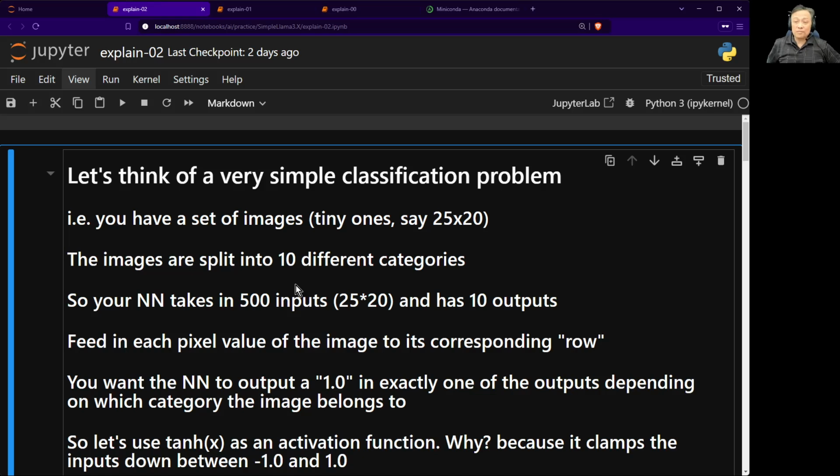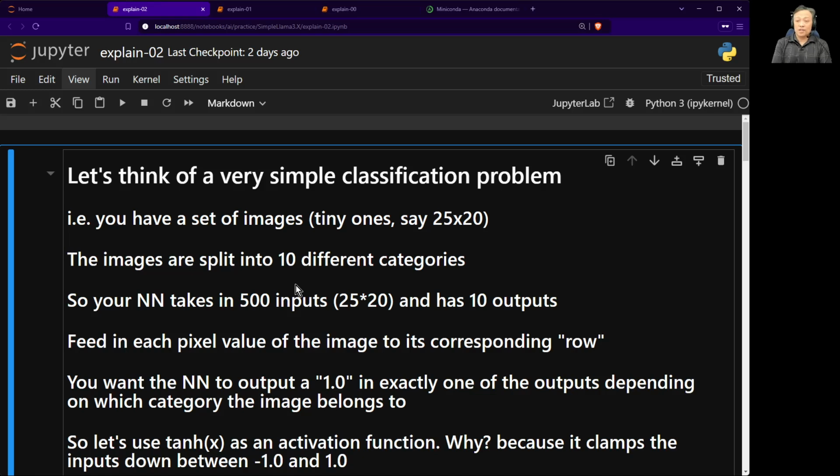So let's assume that you have a set of tiny images, say 25 by 20 or so. These are small. And let's assume that the images are split into 10 different categories. So in this case, you want to train your neural network so that it can recognize which category each image is in.